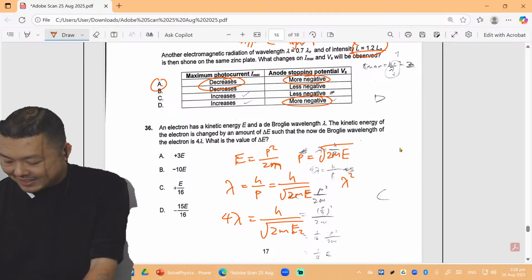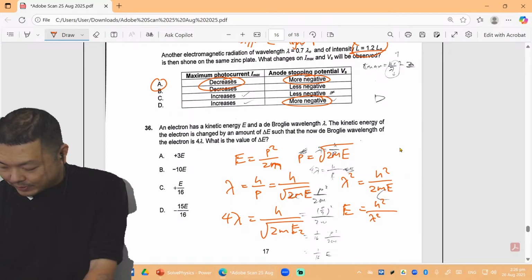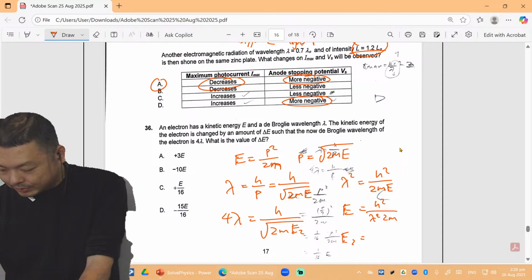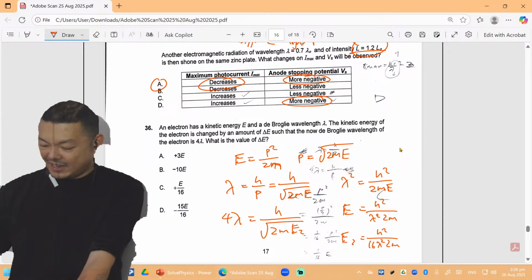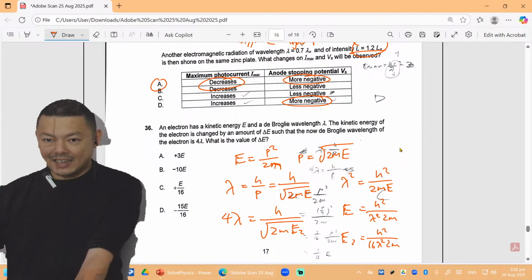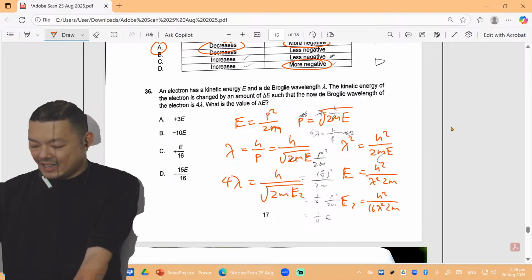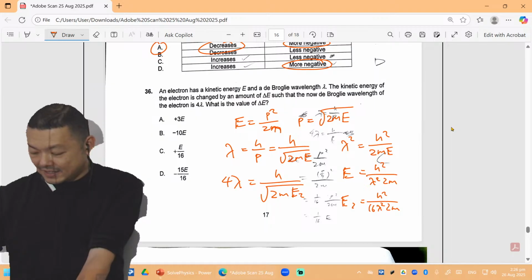Lambda squared equals h squared over 2mE. E equals h squared over lambda squared 2m. E2 will be h squared over 16 lambda squared 2m. Is that right? And the difference will be E2 minus E1.